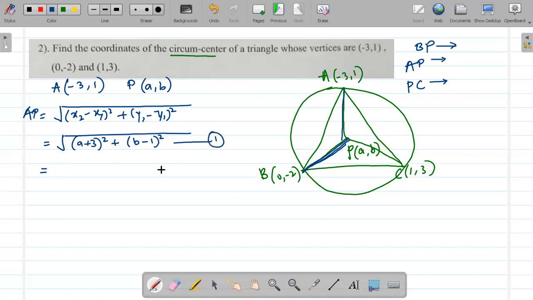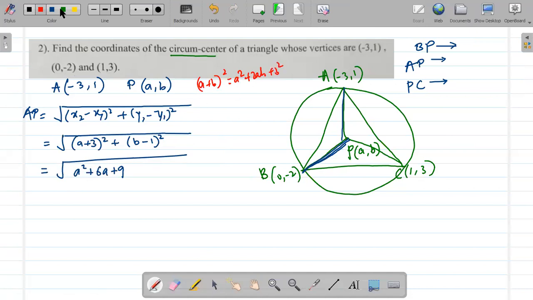This is equation 1. Or else let me simplify it a little. Let's say a squared plus 6a plus 9. We are using an identity here. What's the identity? (a plus b) the whole squared equals a squared plus 2ab plus b squared, and then the same identity with a negative sign. Here it will be the negative sign, plus b squared minus 2b plus 1.